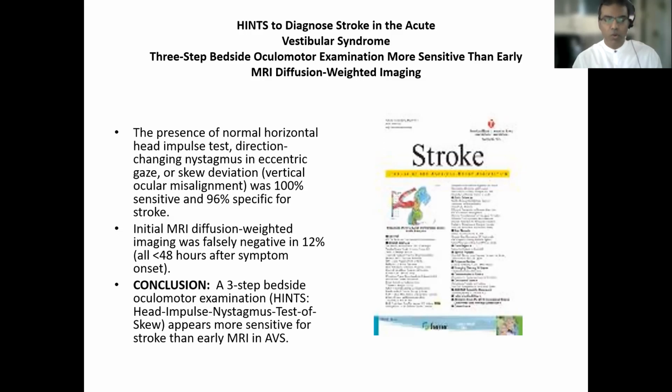So while this paper may suggest very high rates of being able to detect acute stroke, but mind you, it involves a lot of practice, and the clinician performing this test must be familiar with the test and must have really practiced the numbers to be able to achieve these rates. If not, a person or a clinician who rarely performs this maneuver is going to find it difficult to pick up the signs and it's not going to be as sensitive as an MRI.